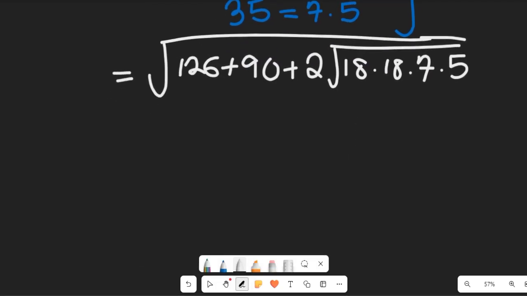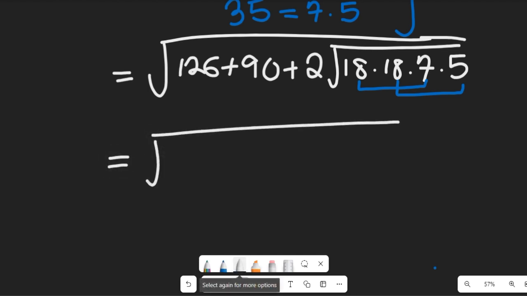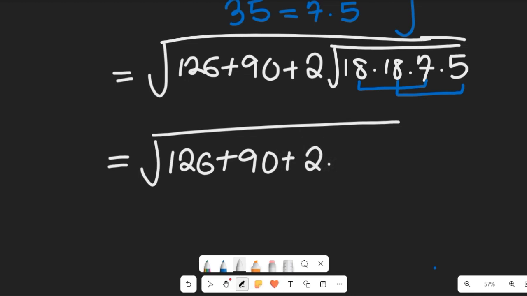Now from this expression, you can see that I can multiply this 18 by 7 and multiply 18 by 5. 18 times 7 will make that expression now give me the total square root of 126 plus 90, right, plus 2 multiplied by the square root of 126. 18 times 7 is 126, and 18 times 5 is going to give me 90, right?